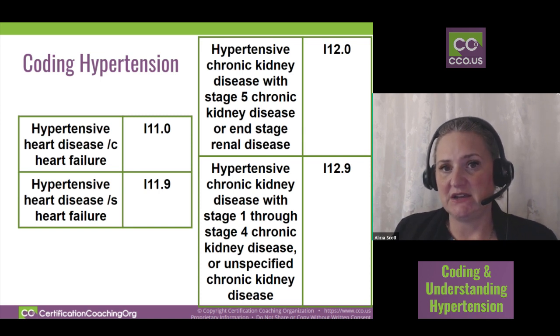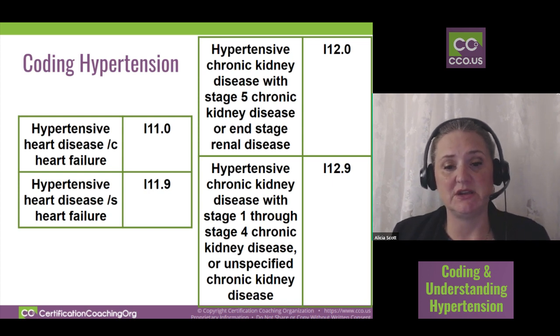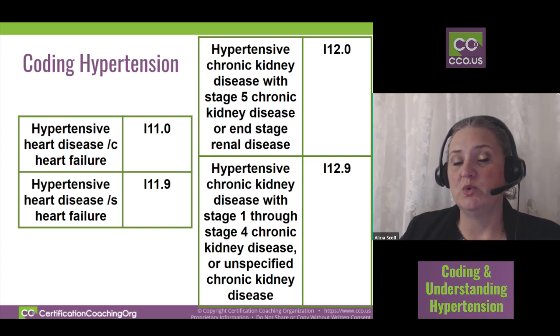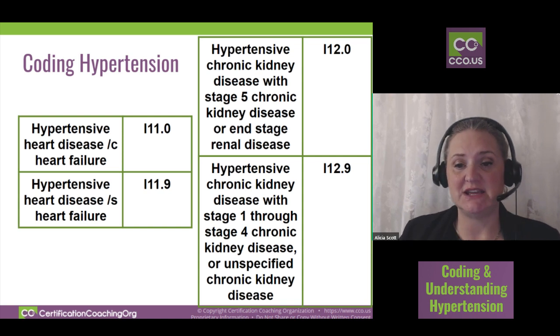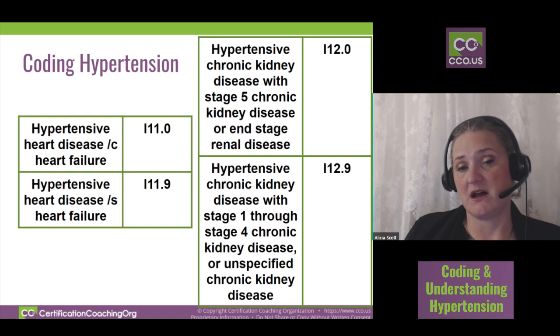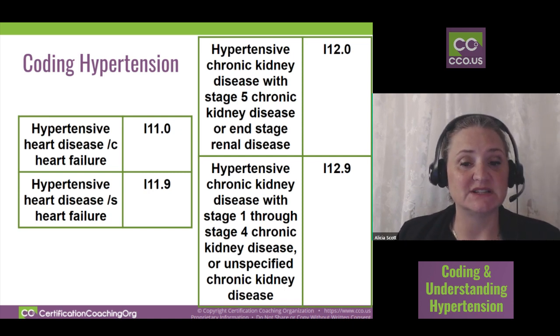Sometimes you get unspecified, but a lot of times they're so in tune to documenting what stage it is, because it risk adjusts, so they're very attuned to that. I12.9 with stage 3 CKD would be I12.9, comma, N18.3, because it's stage 3. All right.